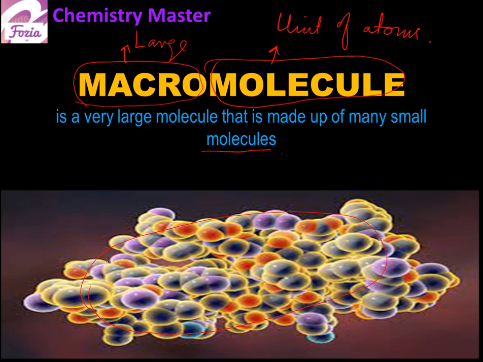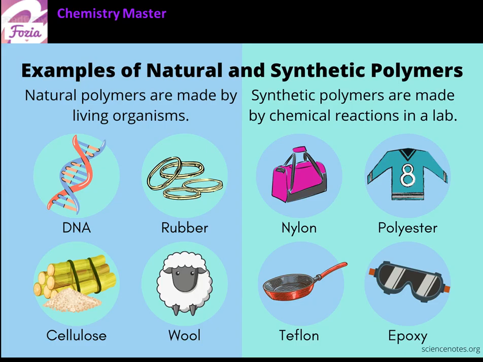So to know more about macromolecules, we will understand how many types of macromolecules exist. We have two types, one natural, second is synthetic. The natural macromolecules or polymers are found in living organisms such as DNA, natural rubber, the polysaccharides or cellulose, or the wool.